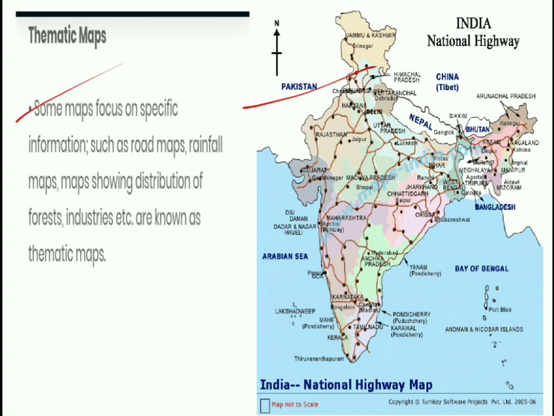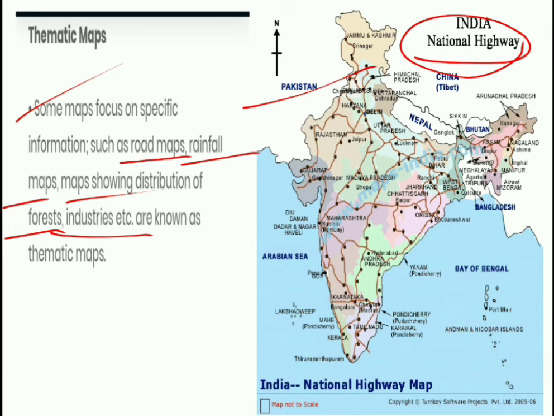Some maps focus on specific information such as road maps, rainfall maps, maps showing distribution of forests, industries, etc. These are known as thematic maps. I have taken a map related to the national highways of India. You can see the national highways that connect all the states in our subcontinent. This is one type of thematic map.